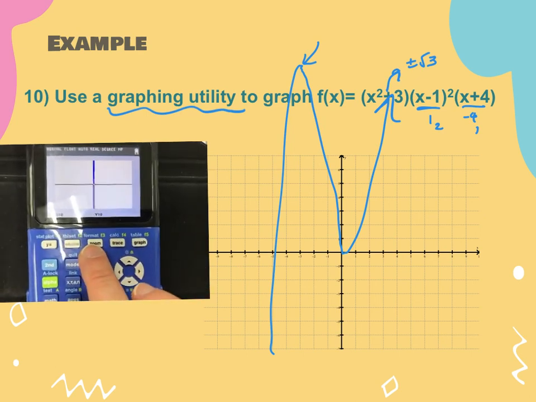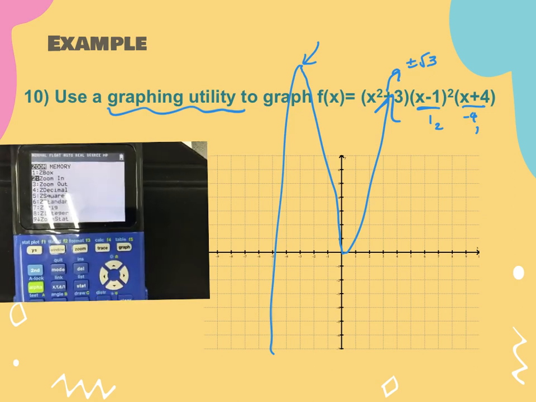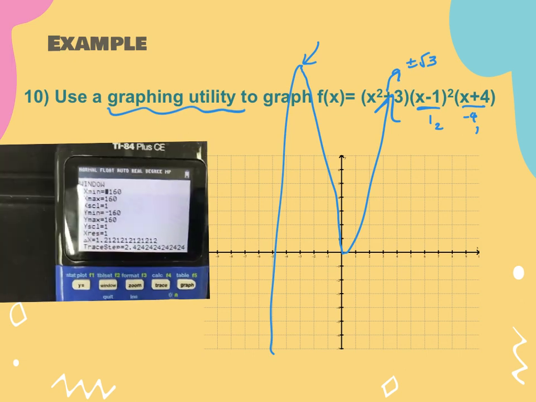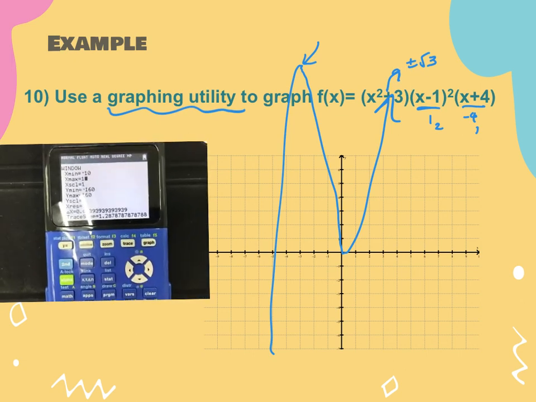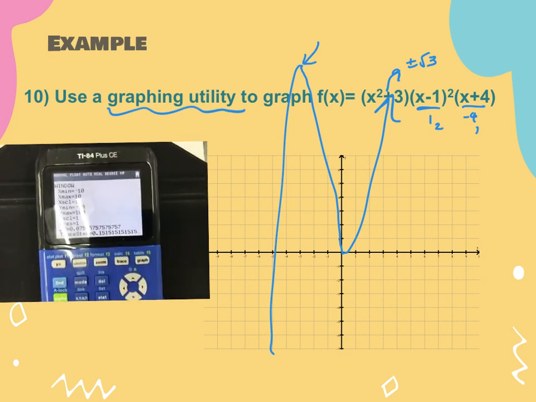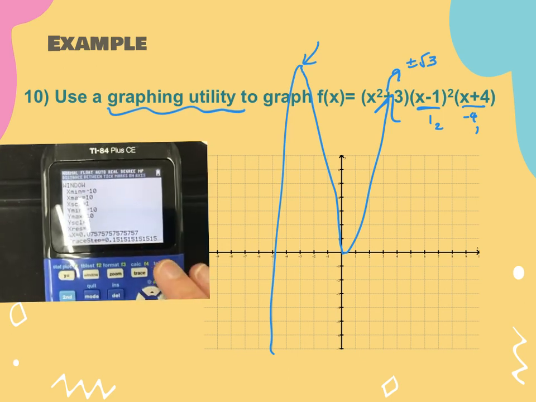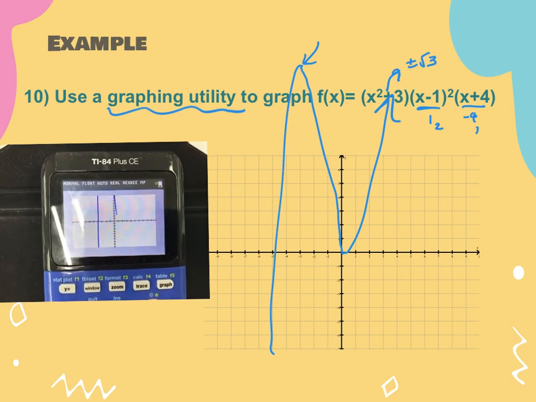The way I reformat is you can either go zoom and zoom back in, or you can adjust your window. So I went all the way out to negative 160 to positive 160. Normal window is negative 10 to 10 on both the y min and the x min and the y max. That's your normal window. So that's like your standard graph.